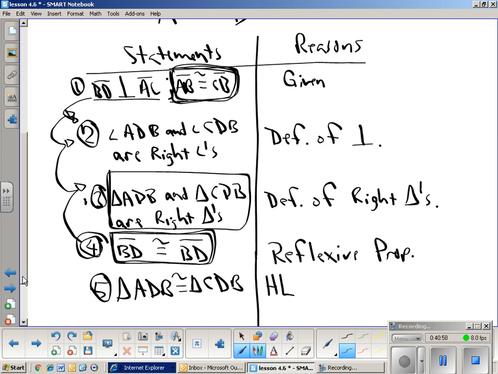Number 11 has a flow proof started for you. You can ignore that or use it to guide you. I want you to write a two-column proof for number 11. Use the time you have left here, about 6 minutes, and you and your group do number 11.